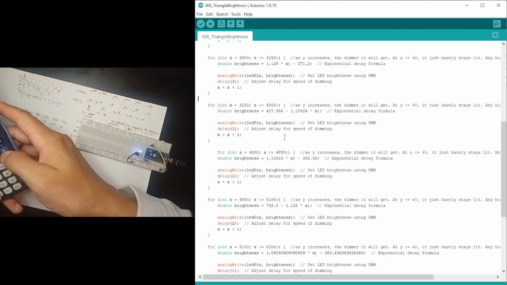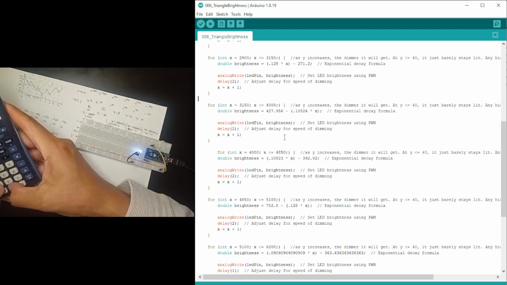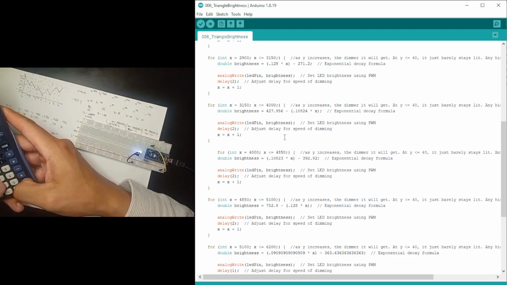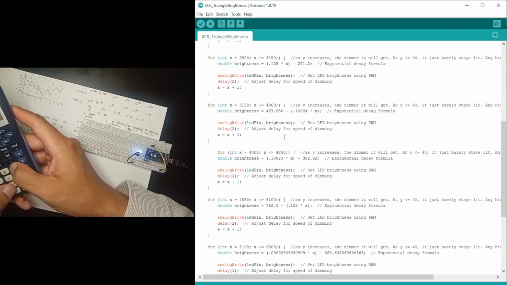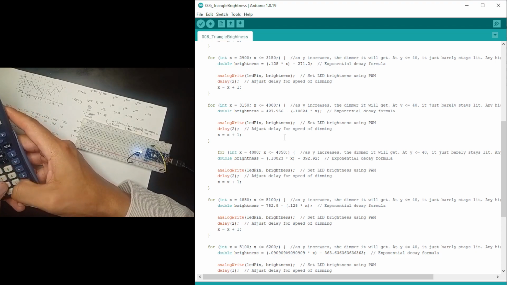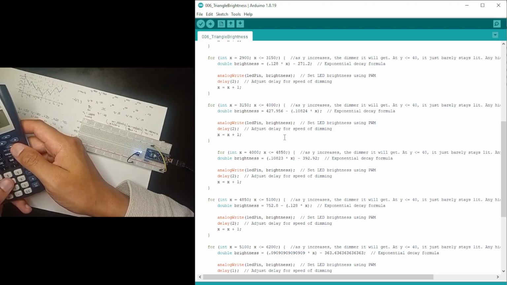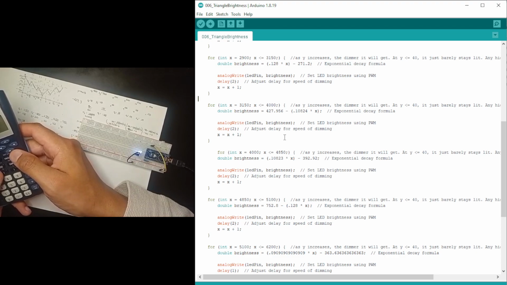Let's see, what is 4123 times 0.10823 minus 392.92? 40. That equals 40 for brightness, which is to be expected.